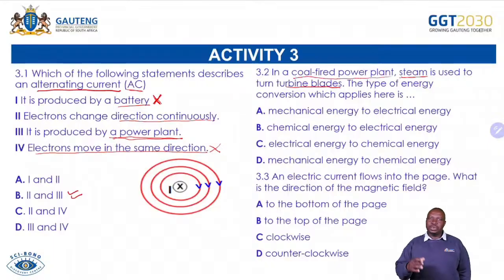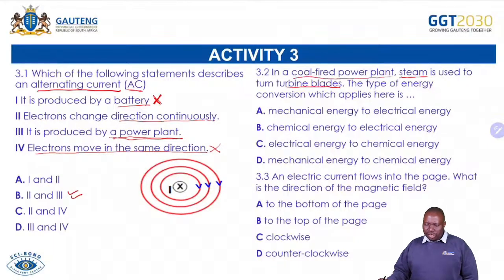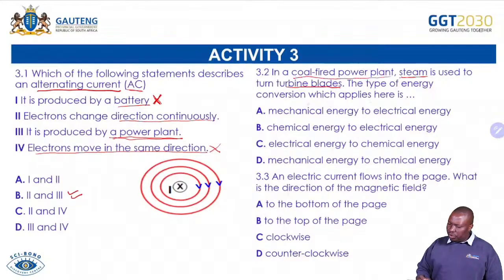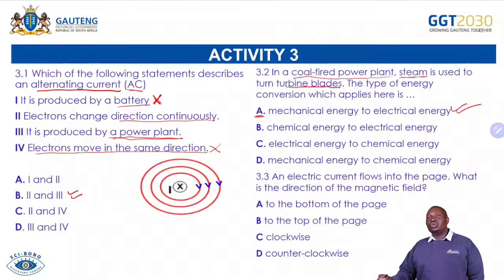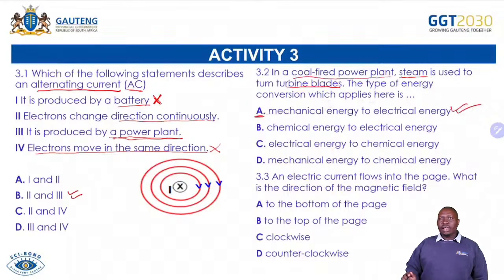Definitely, it must be mechanical energy to electrical energy, which in this case, we gave you as option A. Definitely, you are getting your 2 marks for saying A is the answer there. The last question, which is 3.3, is saying an electric current flows into a page.